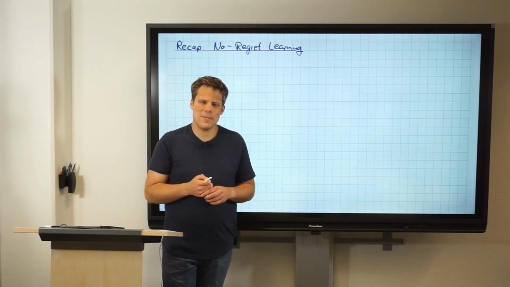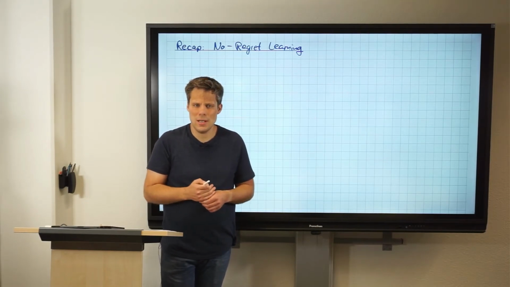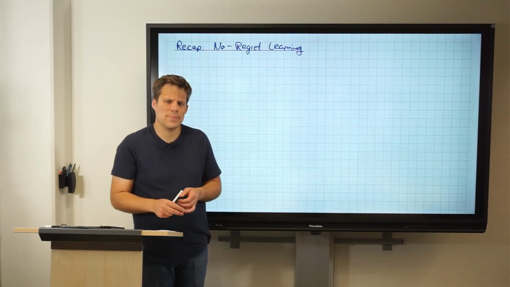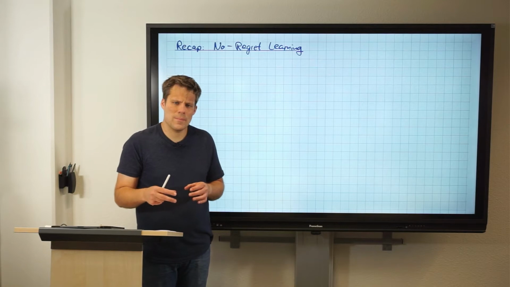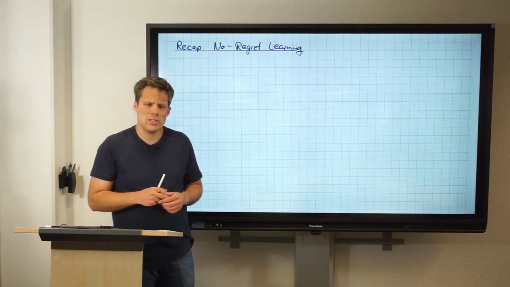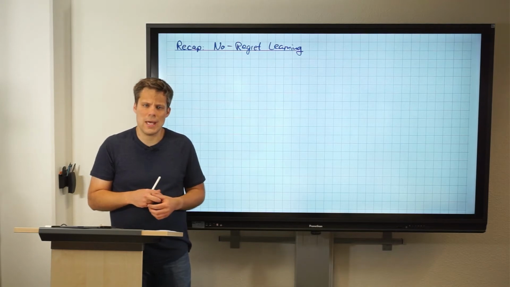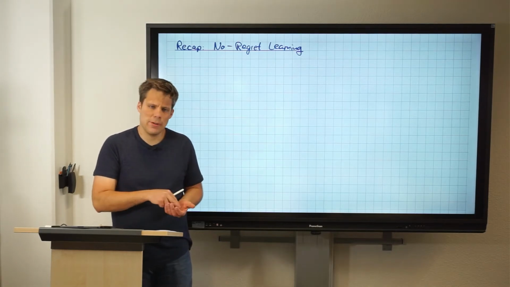Let's recap some of the definitions for online no-regret learning that we'll be using today. As a matter of fact, I'm slightly changing notation today because otherwise we'd have notation conflicts with all the notation that is arising in the maximum flow problem.